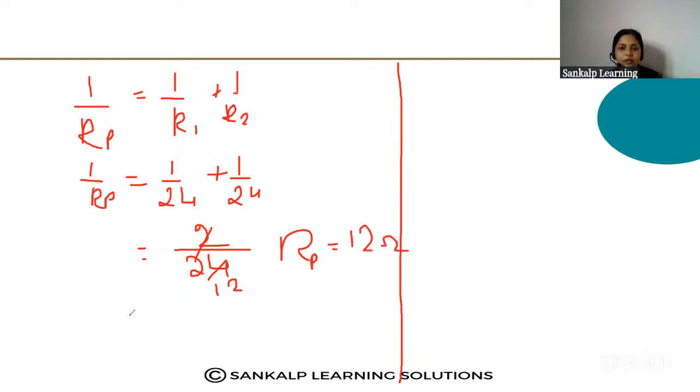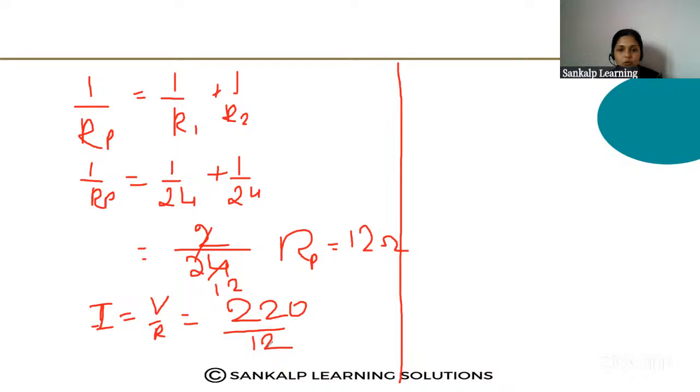So you have to find out the current flowing through this when it is in parallel. I is equal to V by R. Here V is 220 volt, R is 12.